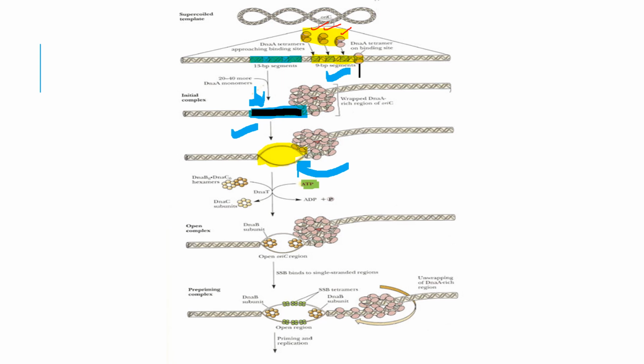Firstly the initiator protein attaches to the 9-mer side, and once it reaches the 13-mer side, unwinding of the DNA strand takes place there. This is an ATP dependent process, energy is required.